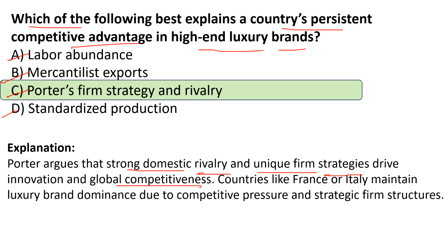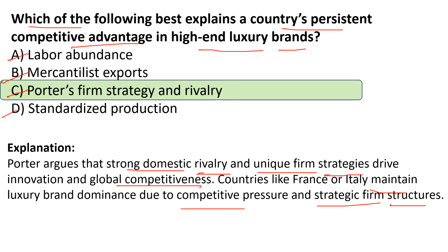Correct? That is what we have seen in Porter's theory. Countries like France or Italy maintain luxury brand dominance due to competitive pressure and strategic firm structures. These are the countries that are good at exporting their products.